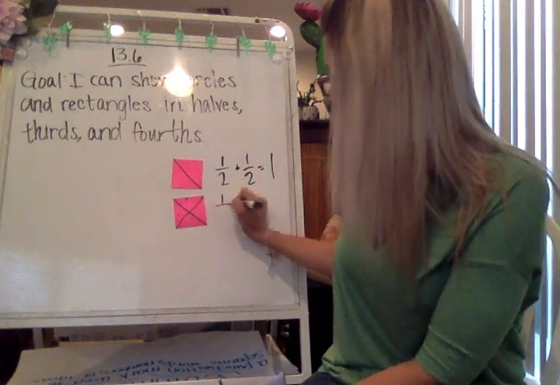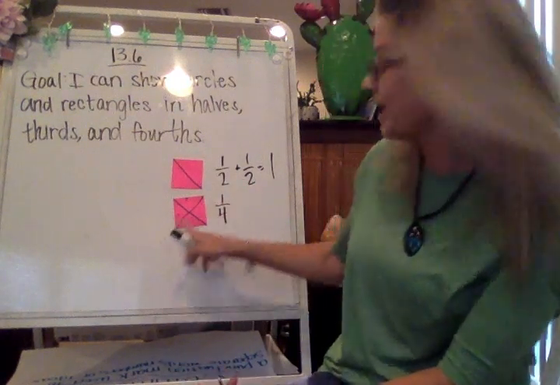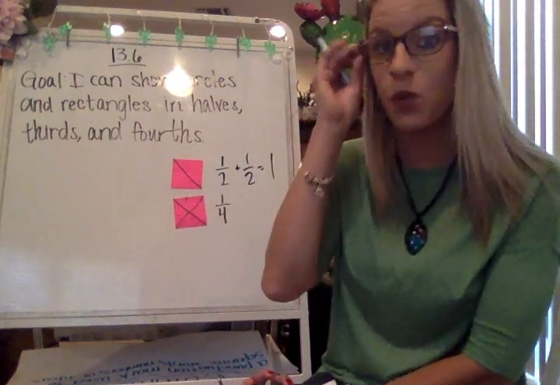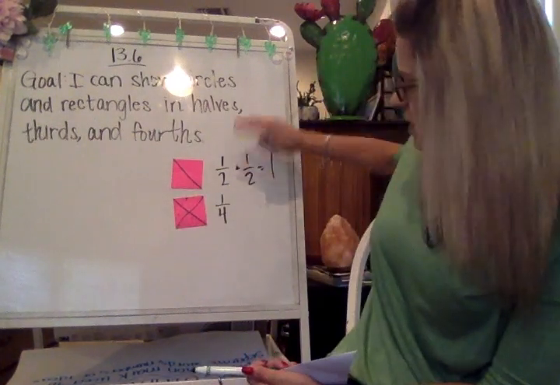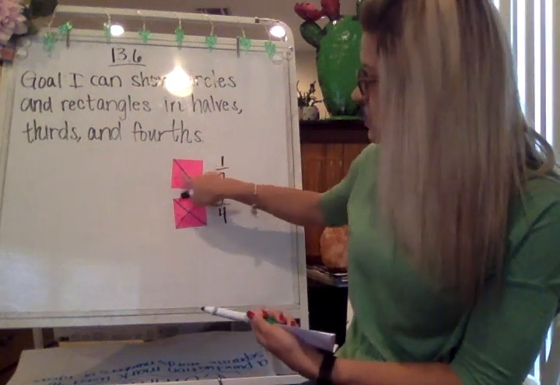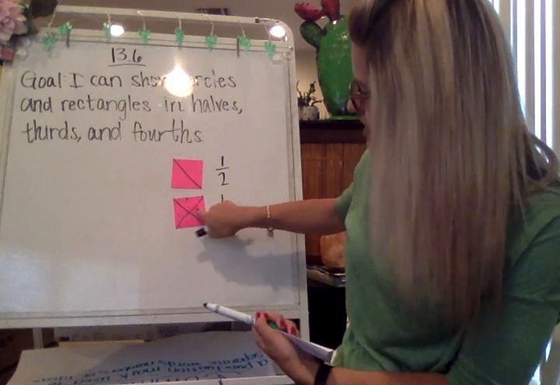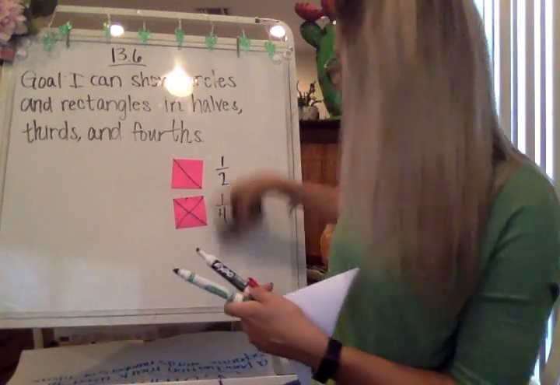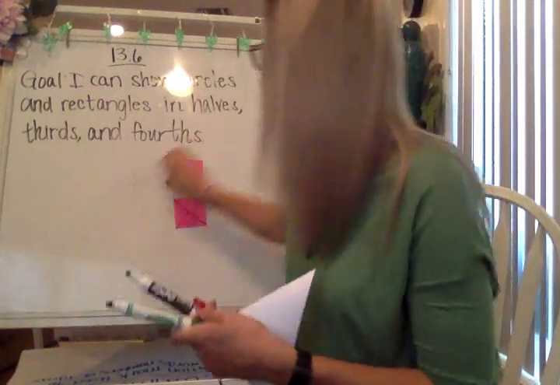So these are called fourths. And if I added 4 fourths together, it would be one whole. Now this is not something that you have to remember, but these are called halves and these are called fourths because those are equal pieces. There are 4 equal pieces for that.